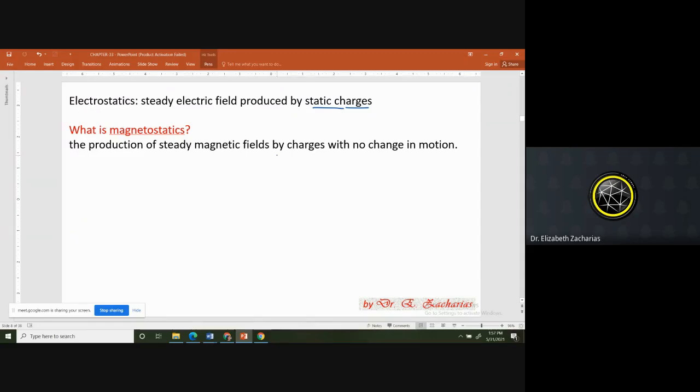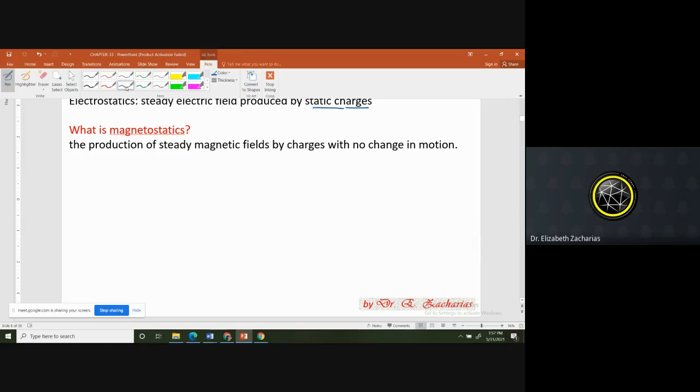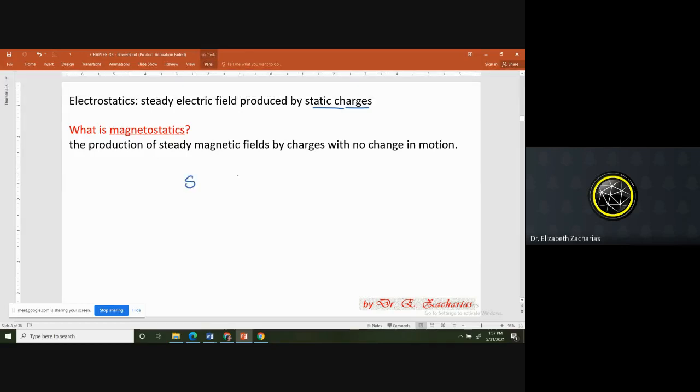Magnetostatics means a situation where I have a source that is creating a magnetic field at a point. This magnetic field, if it doesn't change as a function of time, then I say that condition is a magnetostatic condition.